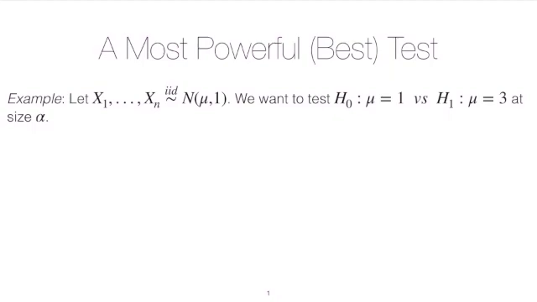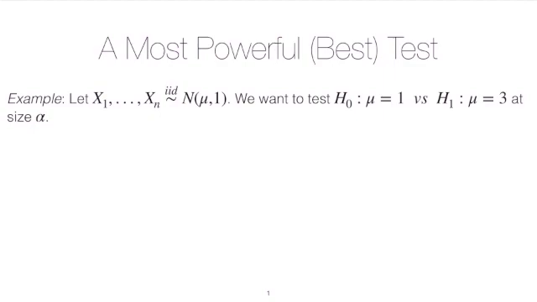So suppose we have an IID sample from a normal distribution with a known variance, and we want to test some claims about the mean of the normal distribution. And in particular, we want to test the null hypothesis that mu is equal to 1 versus the alternative that mu is equal to 3.